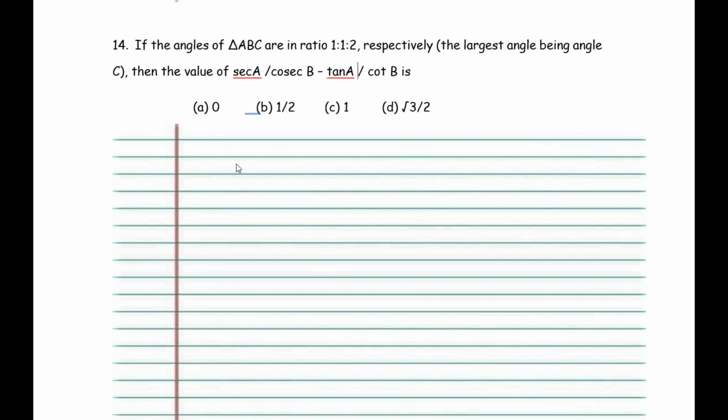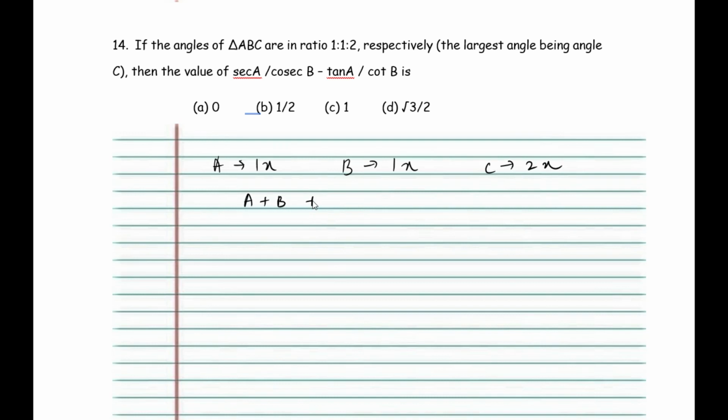Now consider, let the ratio is 1:1:2. Sum of their angles is 180 degree, that is sum of angles in a triangle. Let angle A is 1x, angle B is 1x, angle C is 2x.